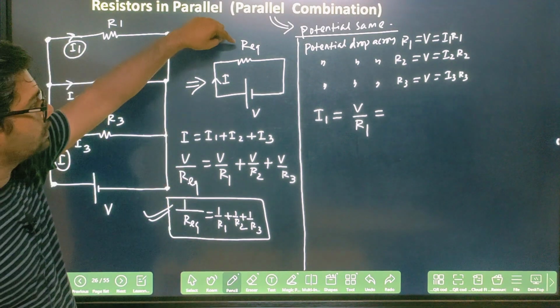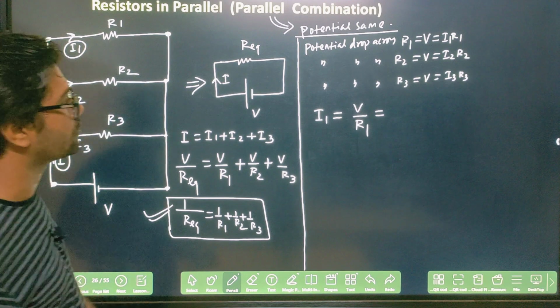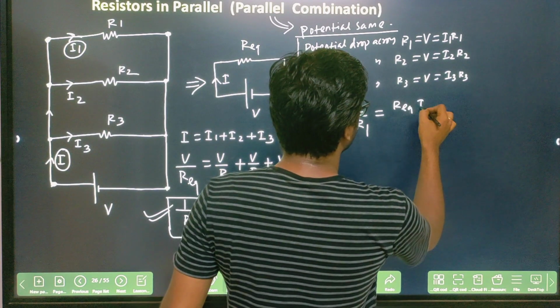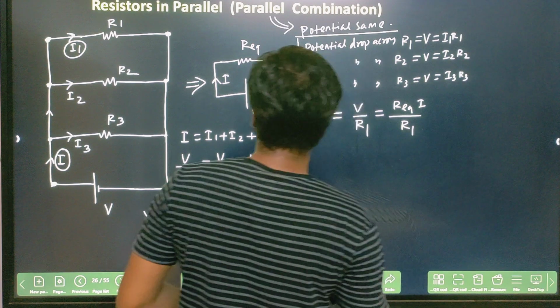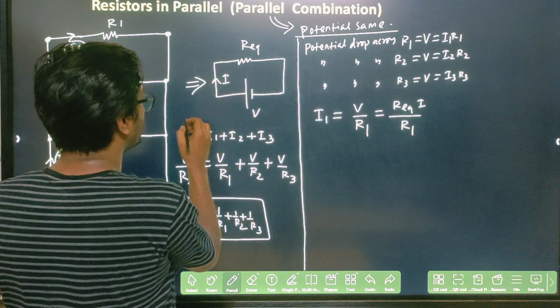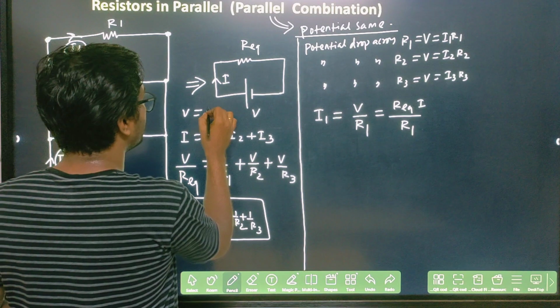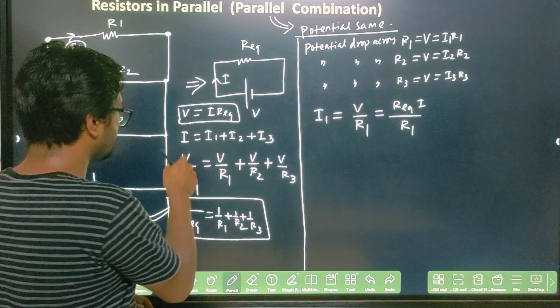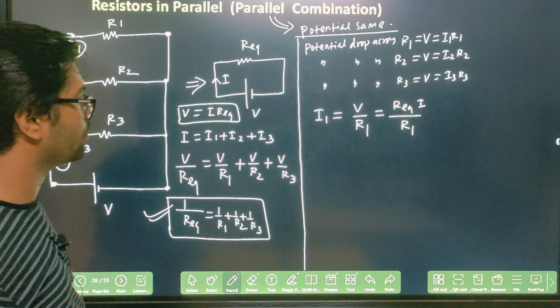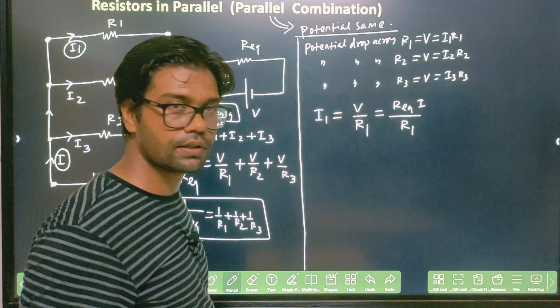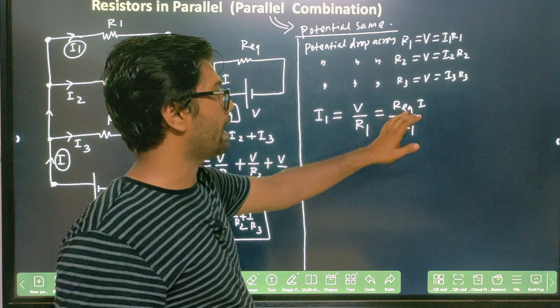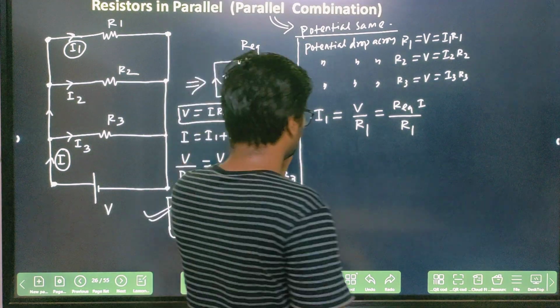So here I can write this is R equivalent into I divided by R1, because V equal to I into R equivalent. I equal to V by R equivalent, that thing I am putting here. Clear? I1 equal to V by R1, that is equal to R equivalent I by R1.